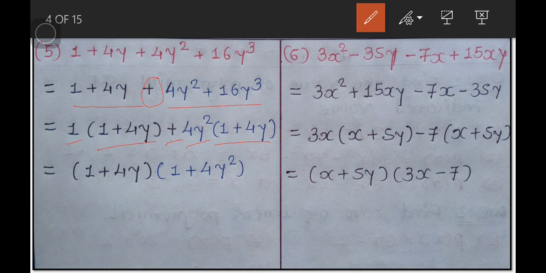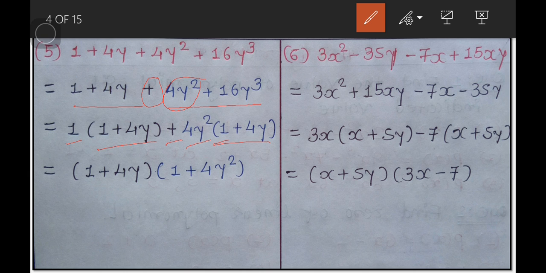If we extract a whole term from the given term, then the remaining part is 1, not 0. So we put 1 plus; if we extract 4y² from 16y³, the remaining part is 4y.